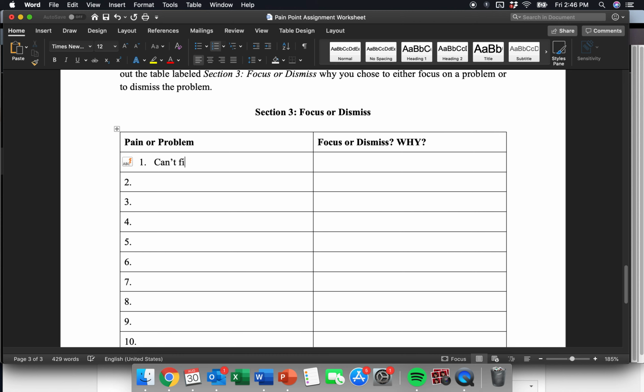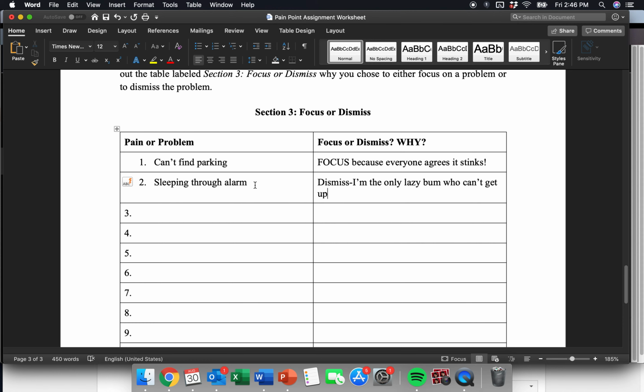So, can't find parking: focus, because everyone agrees it stinks. Sleeping through alarm: maybe dismiss, I'm the only lazy bum who can't get up, or whatever it may be.